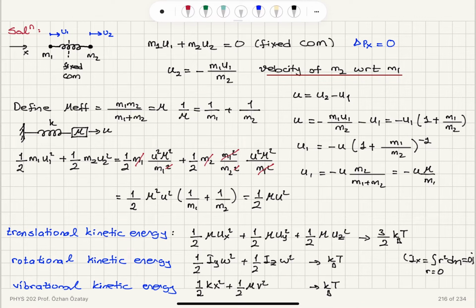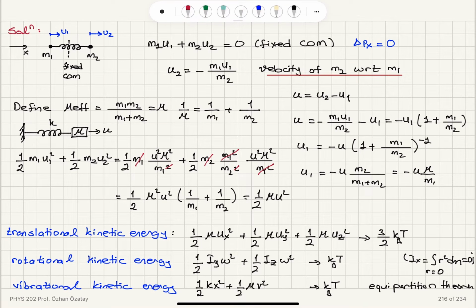The translational kinetic energy, 1/2 mu (ux squared plus uy squared plus uz squared), gives us a 3/2 kT contribution to the energy of the system using the equipartition theorem. The rotational kinetic energy contribution is kT, because we don't have an Ix contribution.